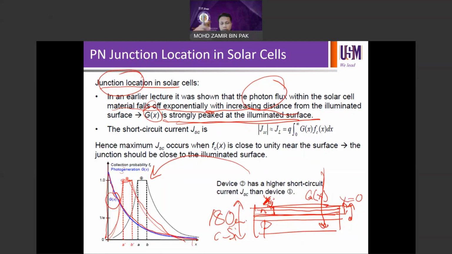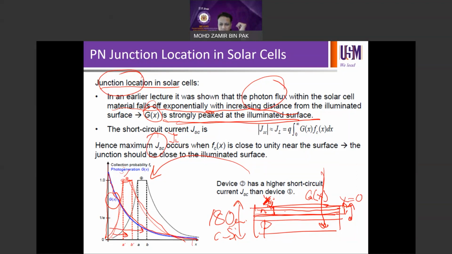To know the current generated, essentially JL, I'll come back to this JSC. Essentially, JL will be dependent on both the photo generation rate, Gx, and the collection probability together. It's like you superpose the two things together. If you're about to design two types of junction depth, one is a bit closer to the surface because the x is quite small in that sense, while the other device has a deeper junction into the silicon.